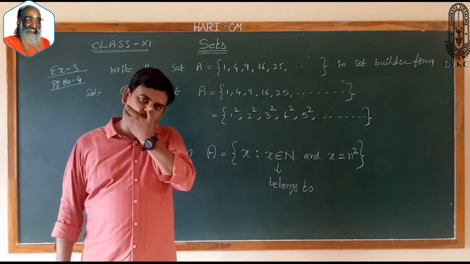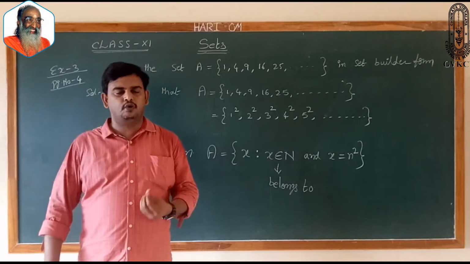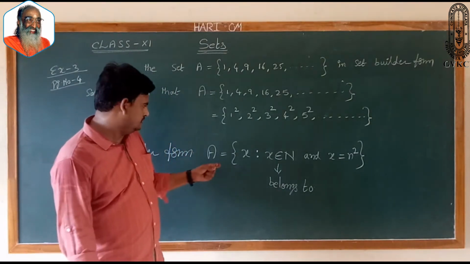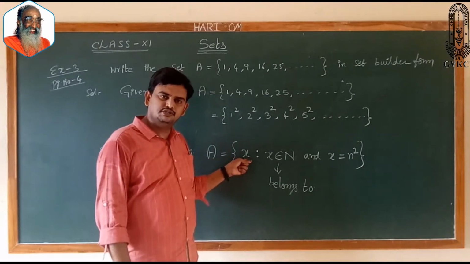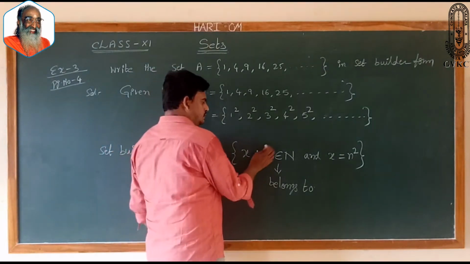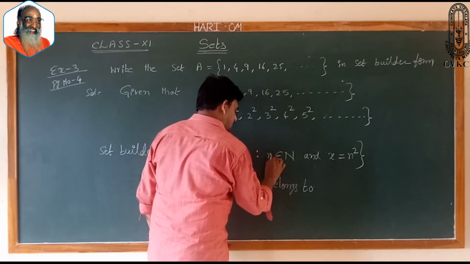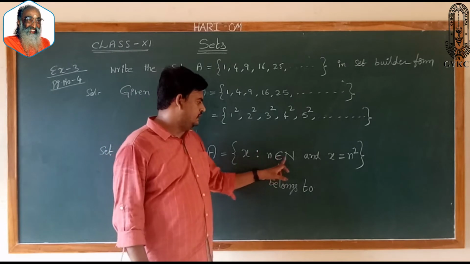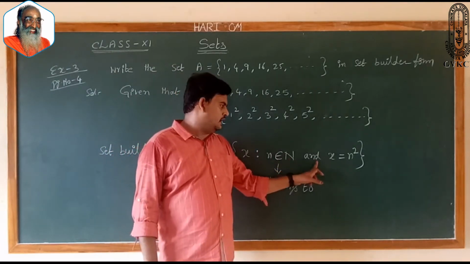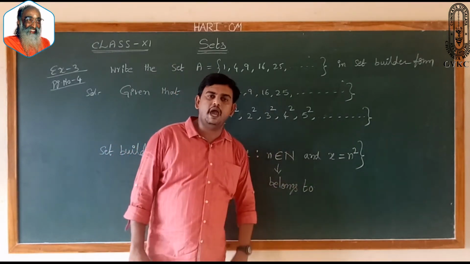X is equal to n square. Means that x such that x is equal to, or simply we can write here small n, means n is a number, n belongs to natural numbers and x is equal to n square.